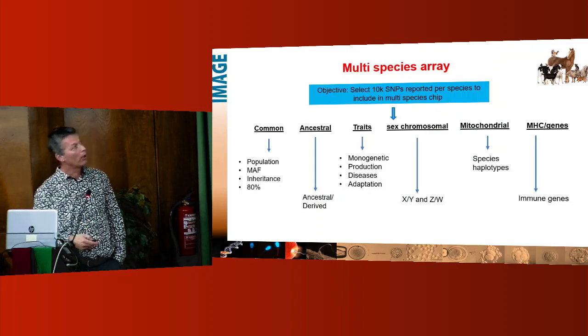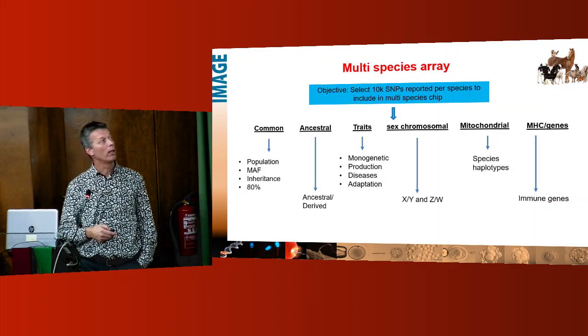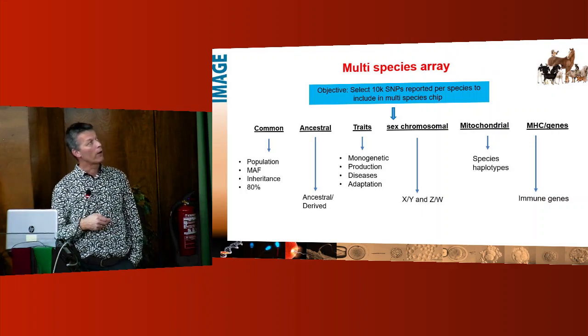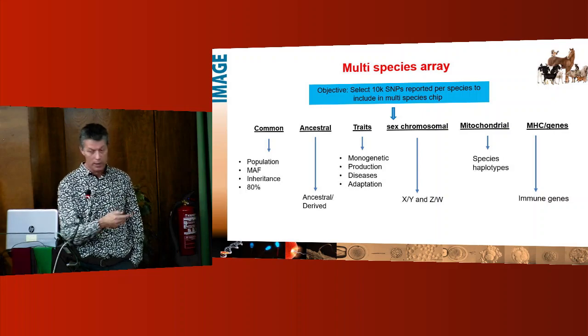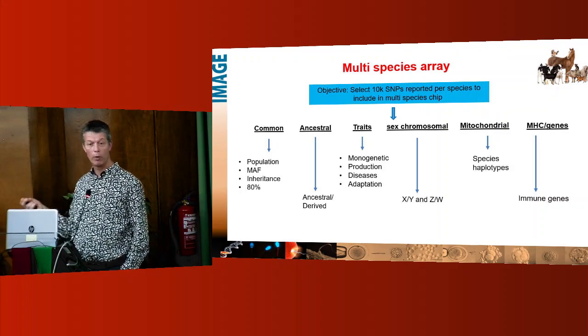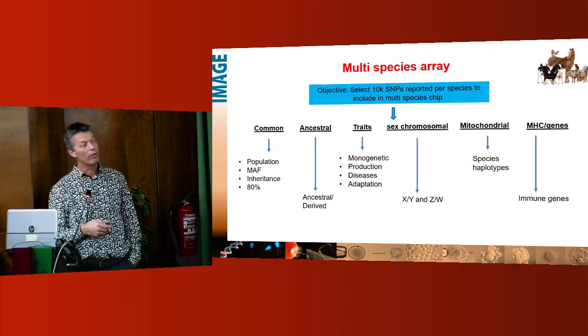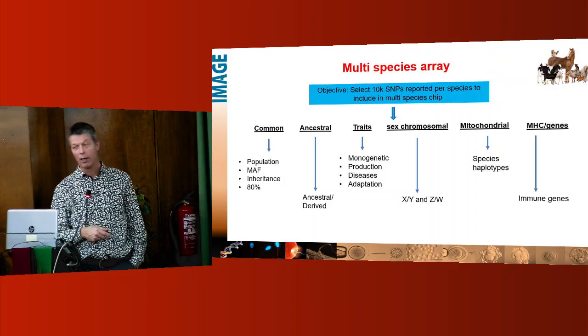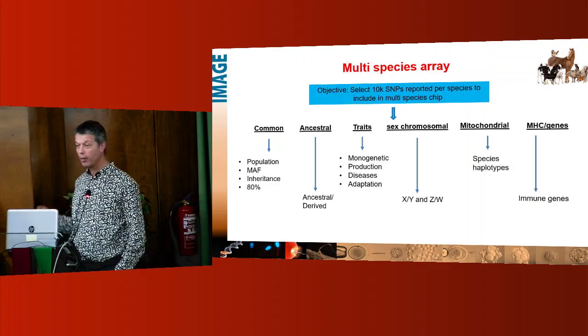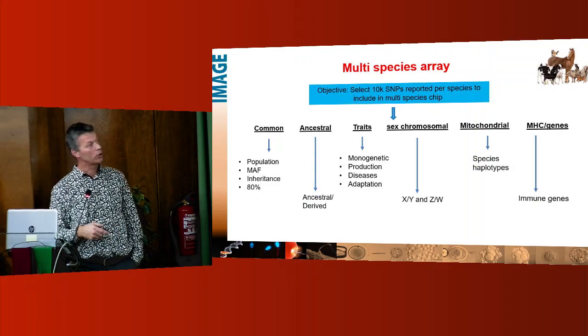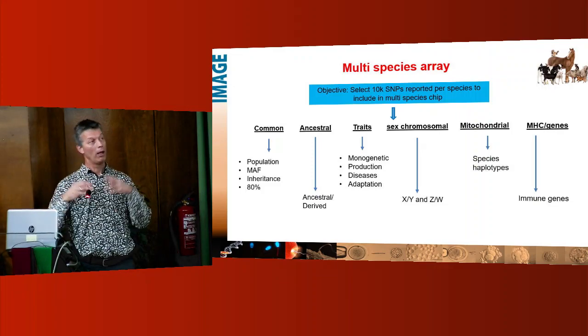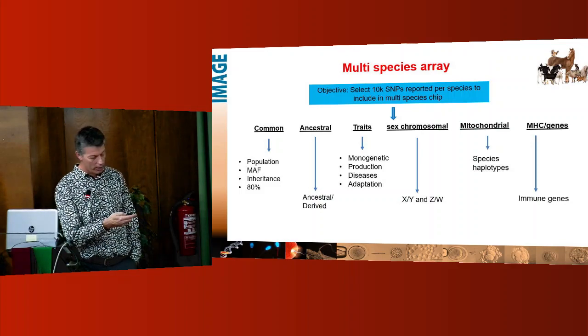So this is an overview of what we did for every species, and what we're going to do for the other species, if the data is available, because that's also one for the large farm species. For the first one, it's quite easy. For the next arrays, it will be more complicated and more difficult to get all these things, but we try to be as broad as possible.